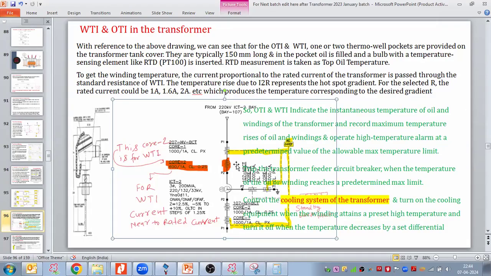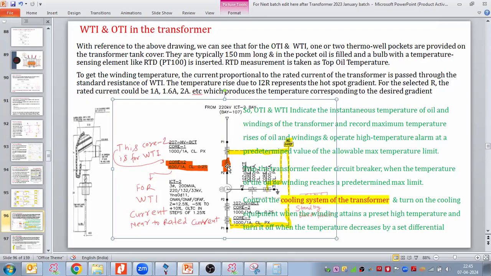Make sure when you are doing the review or making the SLD, you are taking the bushing CT. Here we have taken two cores in the bushing or turret CT. One we are using for the REF purpose. So this current rating we have taken equal to the phase current rating, and neutral again we have taken equal to the phase current rating, which is 1000 ampere.